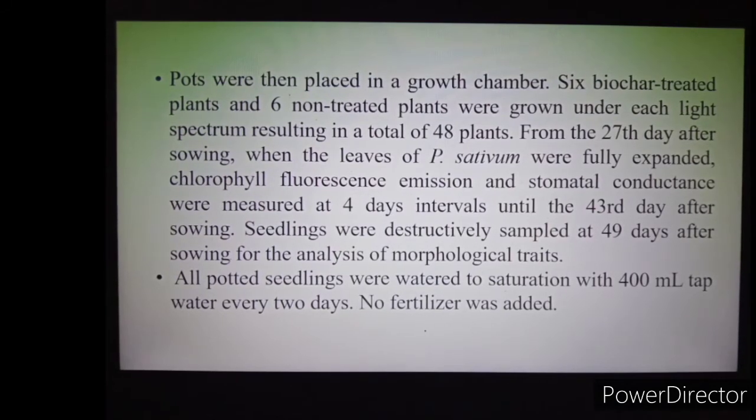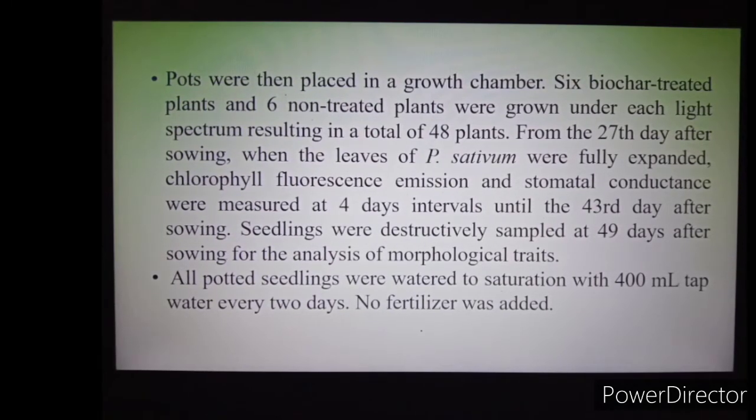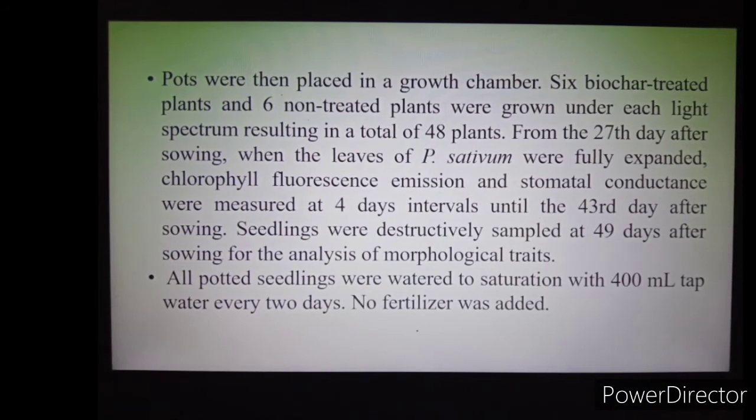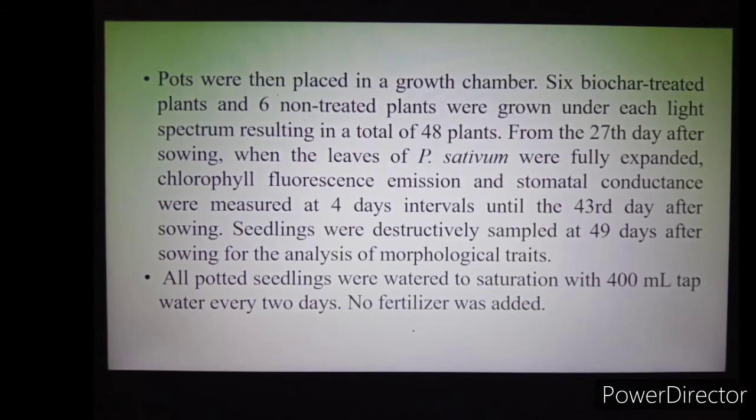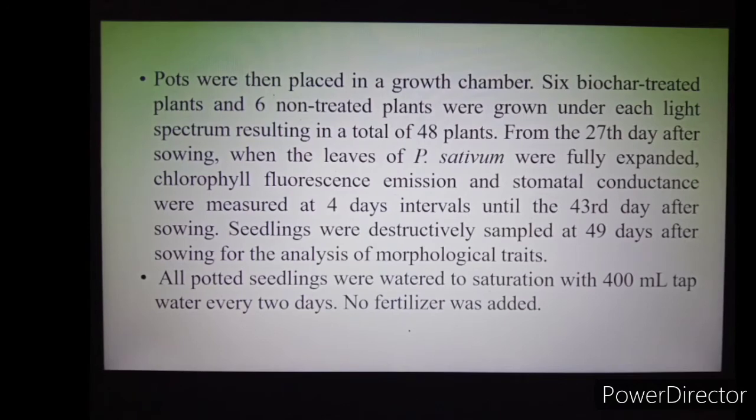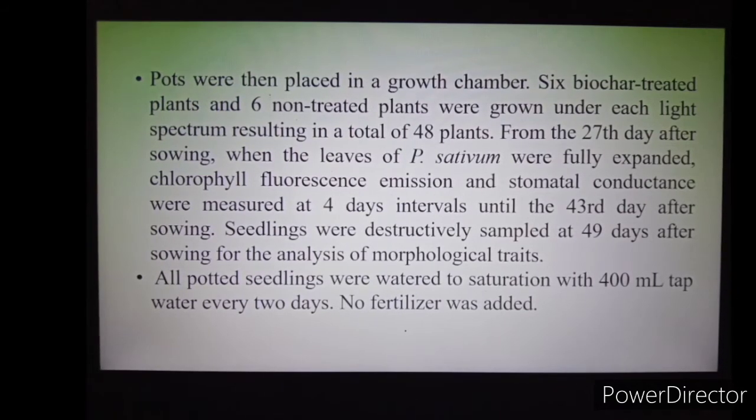Pots were then placed in a growth chamber. 6 biochar treated plants and 6 non-treated plants were grown under each light spectrum, resulting in a total of 48 plants.